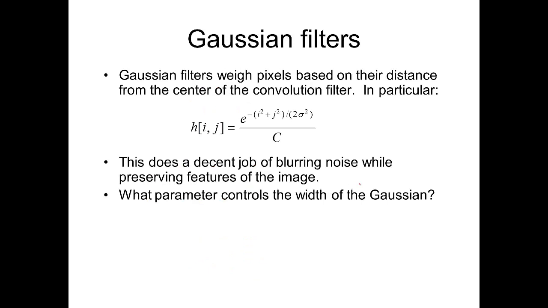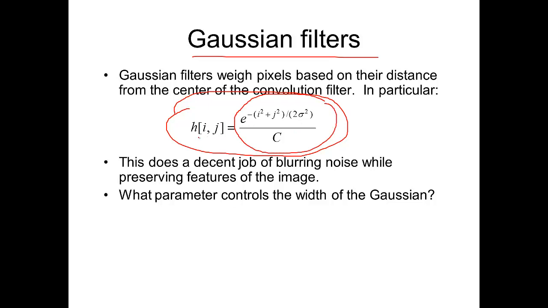Besides the mean filter, we also can use the Gaussian filter. The Gaussian filter was designed by other people. You can use this equation to get the H, which we also call the filter. In fact, this is a Gaussian shape.